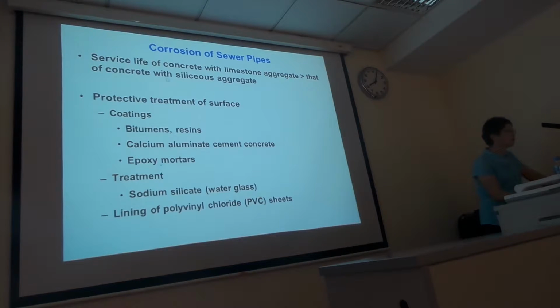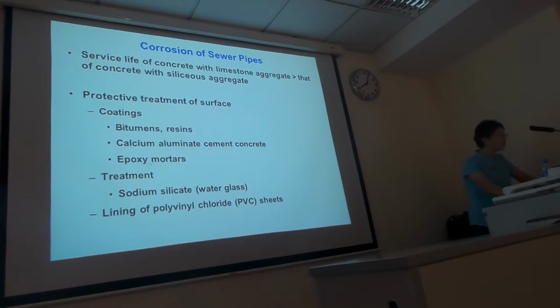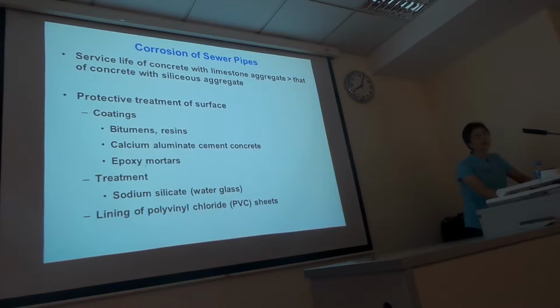So in addition to these coatings, the other thing which has been used traditionally for treating these concrete sewage pipes is using sodium silicate, or the so-called water glass. So basically you coat these concrete sewage pipes, and the sodium silicate can penetrate into the concrete through the capillary pores.